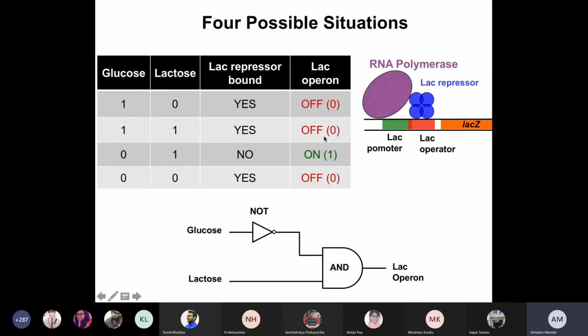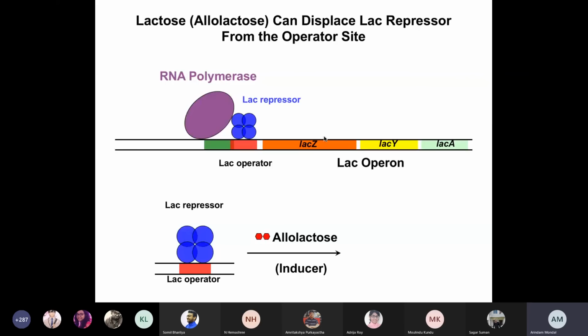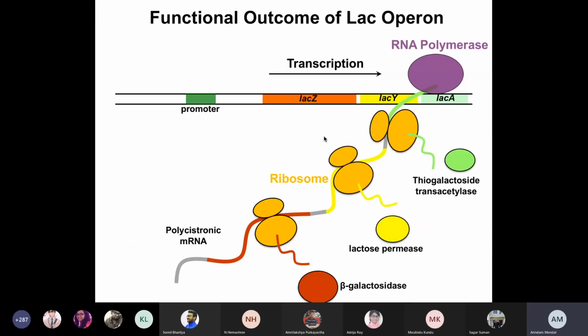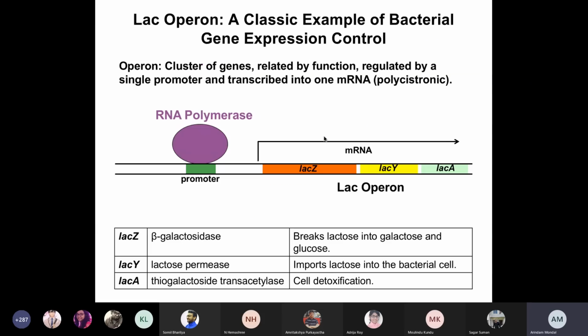By the way, I forgot to mention that this kind of genetic organization is known as the lac operon, which is basically a cluster of genes related by function, regulated by a single promoter. So here lacZ, lacY and lacA, all these three are related by their function. All of them are needed for metabolizing the lactose.